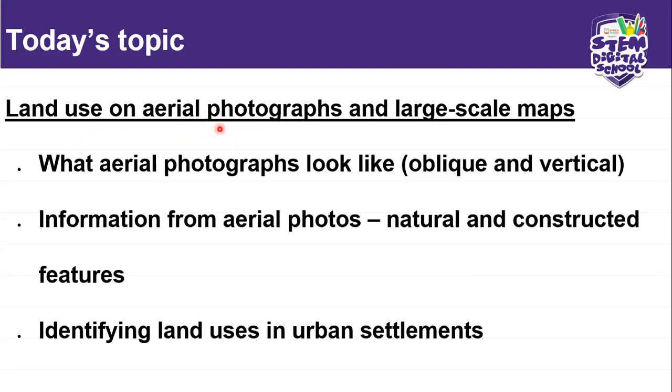How is the land use shown? How are buildings shown on aerial photographs? How do natural features, for example rivers and mountains, look on aerial photographs? Also, how do roads look?